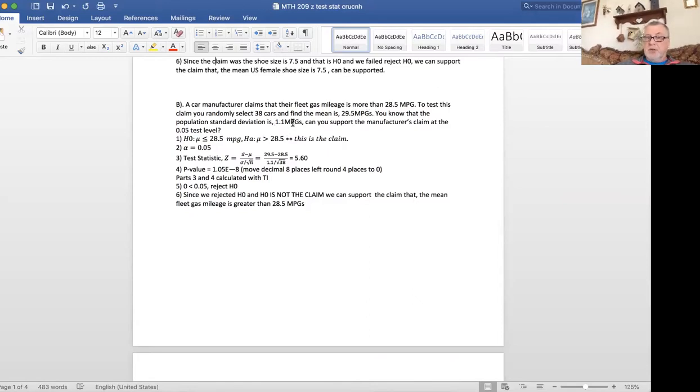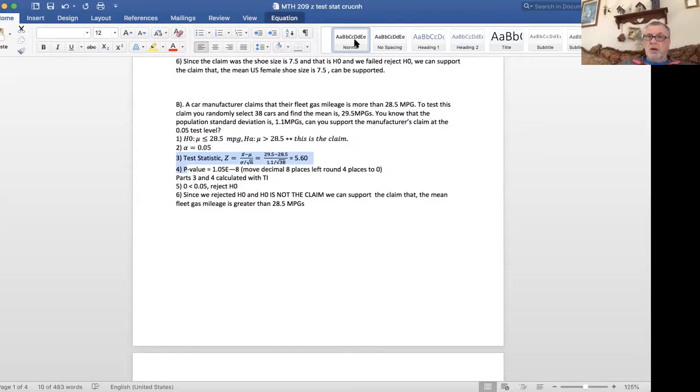The population standard deviation is 1.1 miles per gallon. You're going to test this claim at the 0.05 level, and you're going to do the same thing we did here, except you're going to use a StatCrunch program to generate 3 and 4. You're going to take a screenshot of it and send it to me.